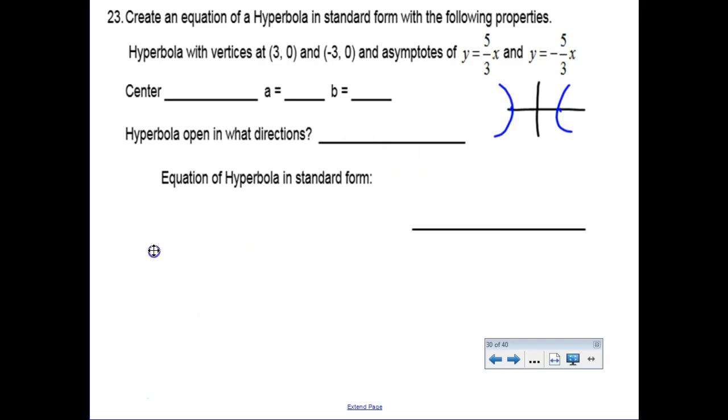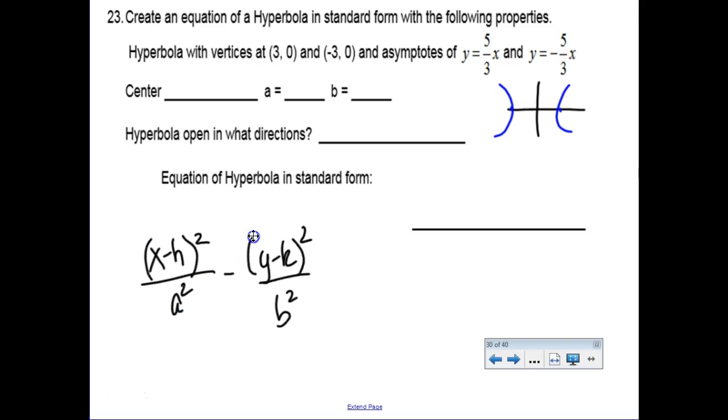So what I'm going to do is I'm going to take my formula sheet and I'm going to write down what I'm working with here. So this is (x minus h) squared over a squared minus (y minus k) squared over b squared equals 1. And the center is going to have to be in the middle of those, so it's at (0, 0).